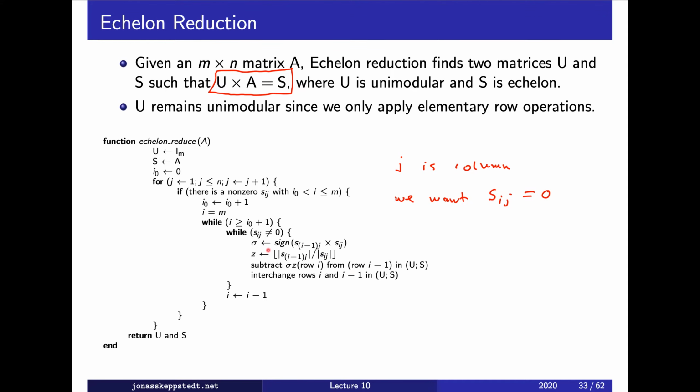Okay, so we find theta, which is the sign of the product of these two elements, and then Z is the quotient. And so we then subtract this from that row, and then we interchange them.